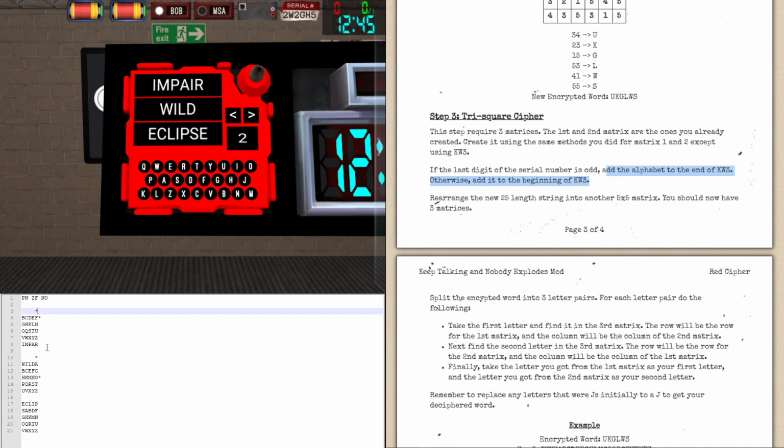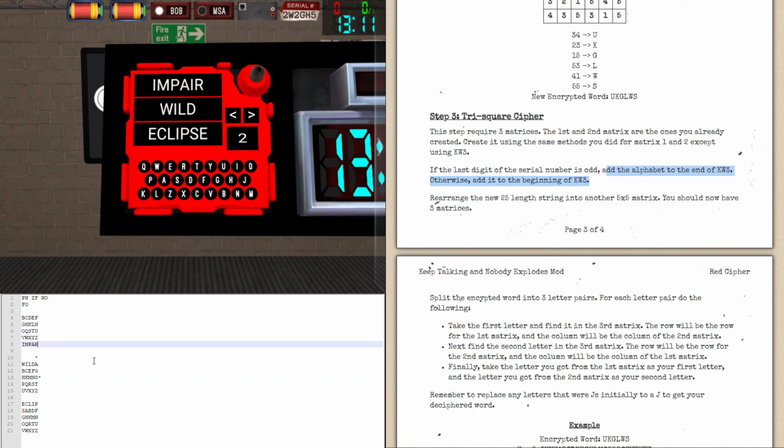And then we're going to take the intersection of the first matrix first, so that'll be the fifth column, first row, would be an F. And that'll give us our first decrypted letter. And then we're going to take the second intersection here, in our second matrix. So that's going to be third row, fifth column. And that's going to give us our second decrypted letter.